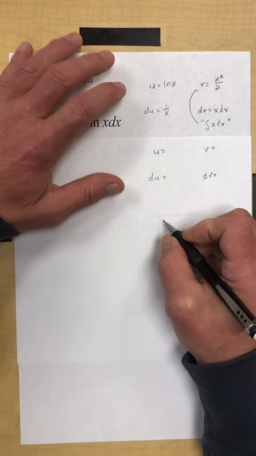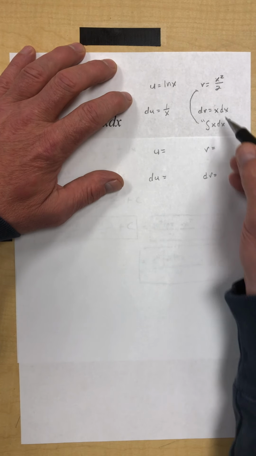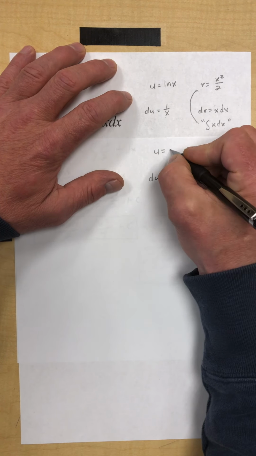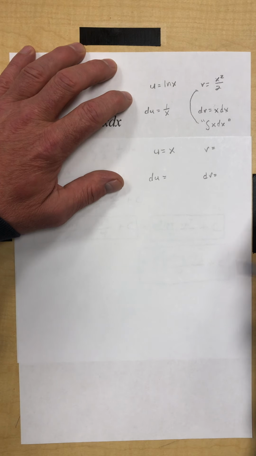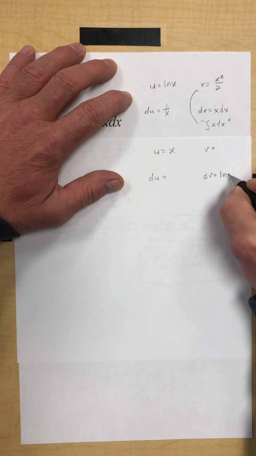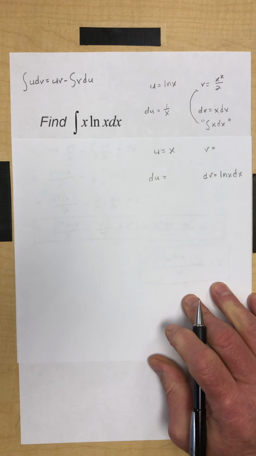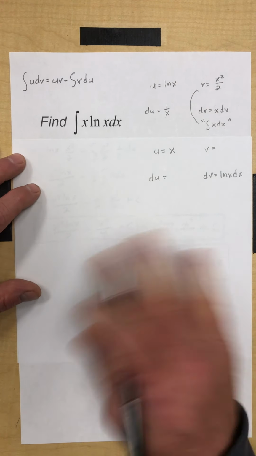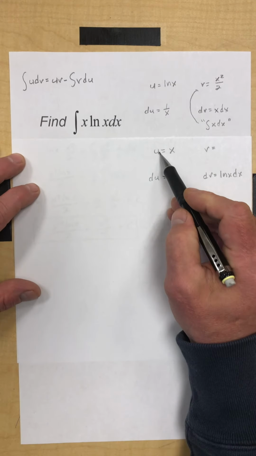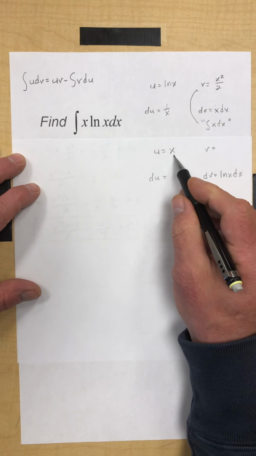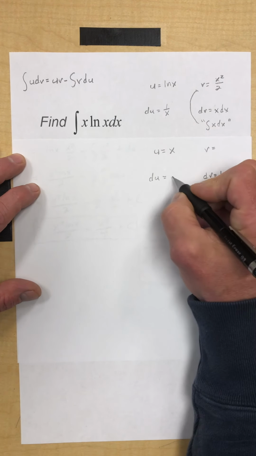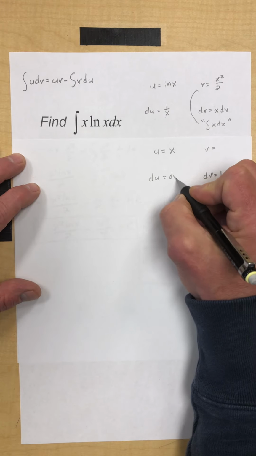What if I let the x be my u, and the natural log of x dx would be my dv. So let's suppose we go that route. Going from u to du, I have to take the derivative. The derivative of x is just 1, so we just get 1 dx, or dx.